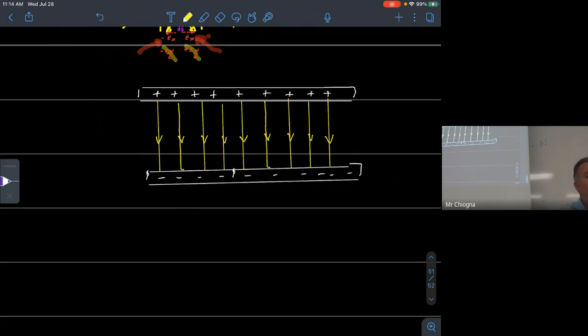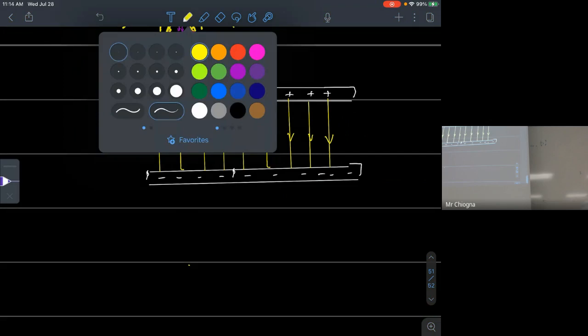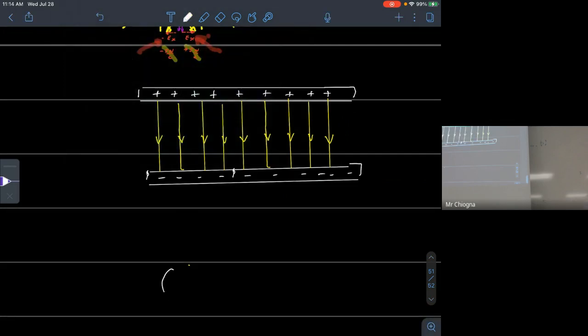Why is that important? Because what we're used to dealing with is field lines that look like this. You've got a positive charge. We're used to looking at field lines that are diverging. This is a point charge.